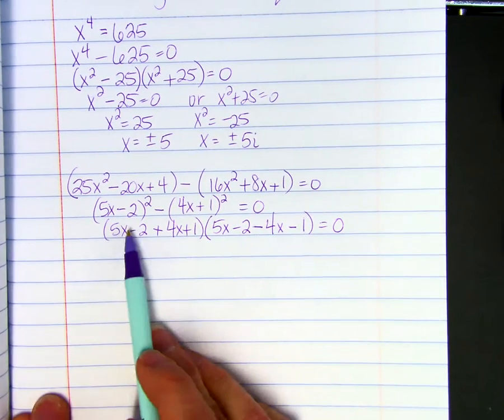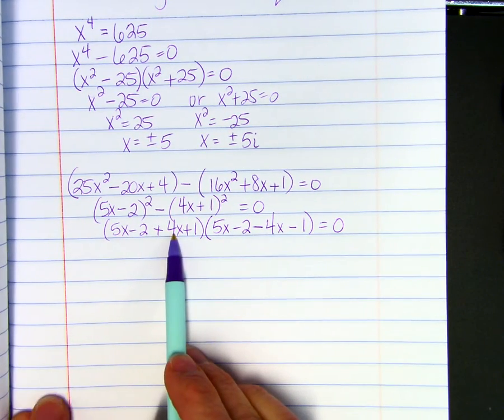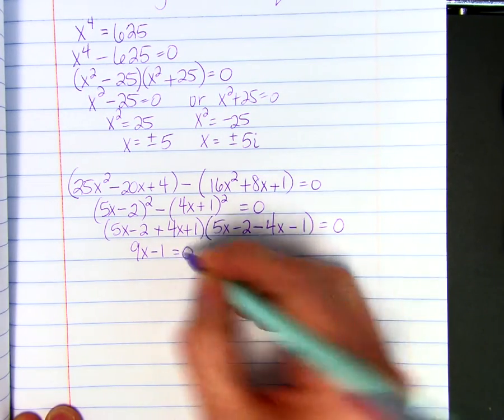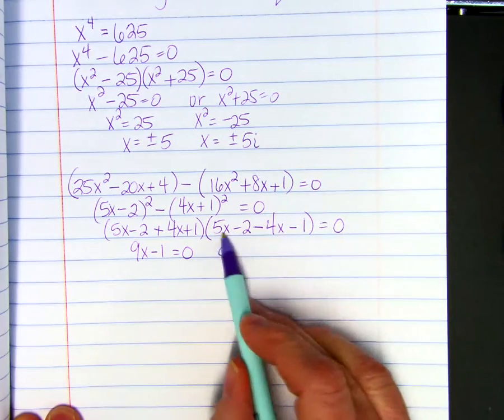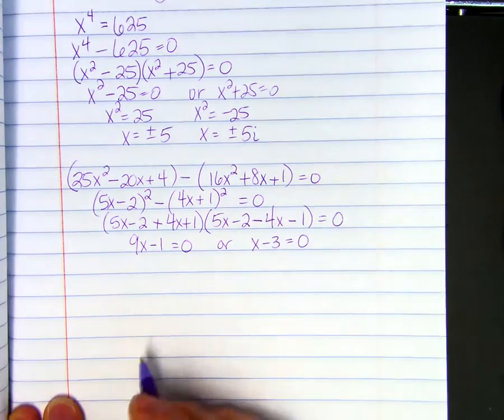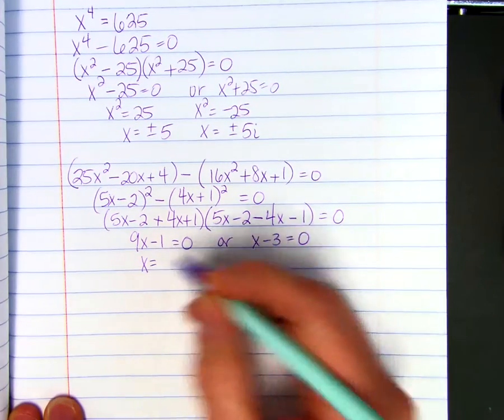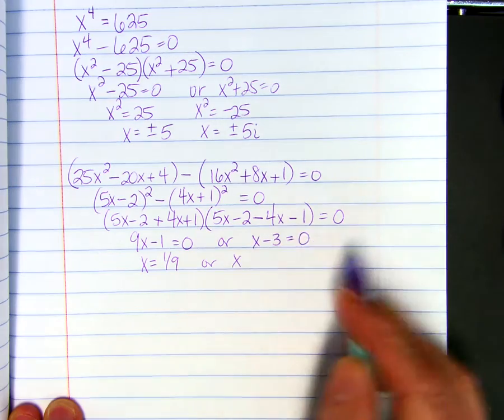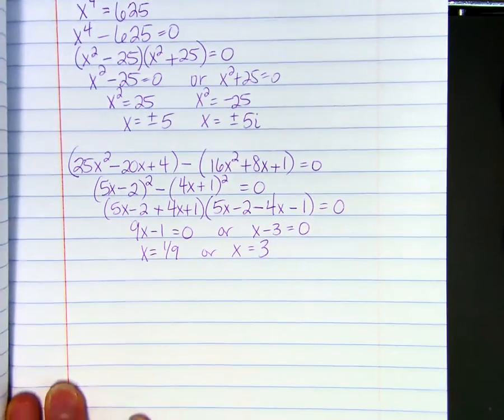Set each one equal to 0. Here you can add like terms. So we have 9x minus 1 equals 0, or x minus 3 equals 0. So x equals, when I add 1 and divide by 9, I get 1/9, or x equals 3.